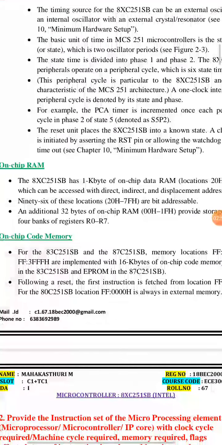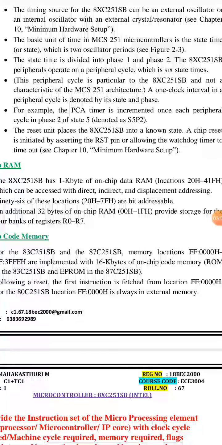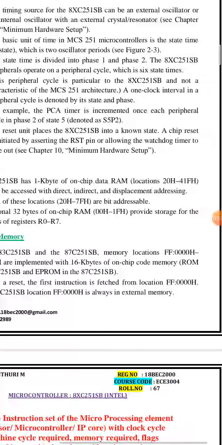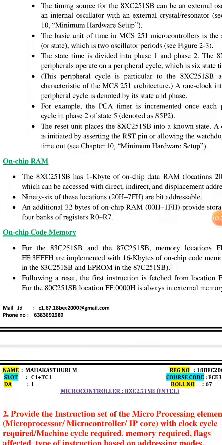And then on-chip RAM. This microcontroller has 1 kilobyte of RAM, and it supports 3 addressing modes: direct, indirect, and displacement addressing. 96 of the locations are bit addressable, and an additional 32 bytes of on-chip RAM provides storage for the 4 banks of registers R0 to R7.